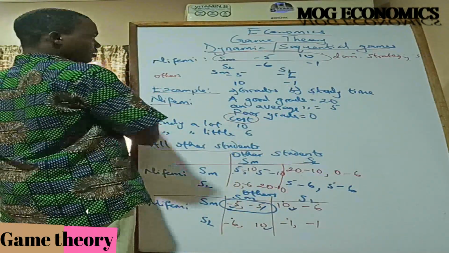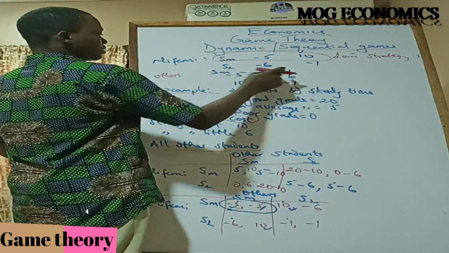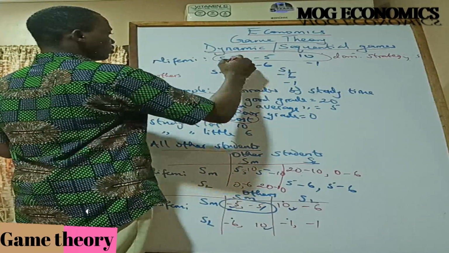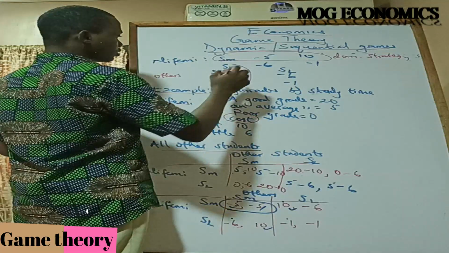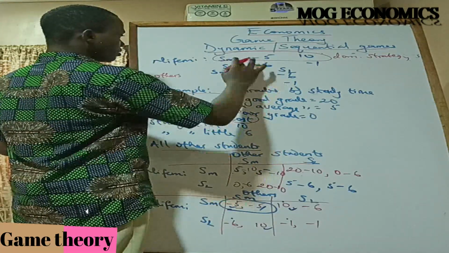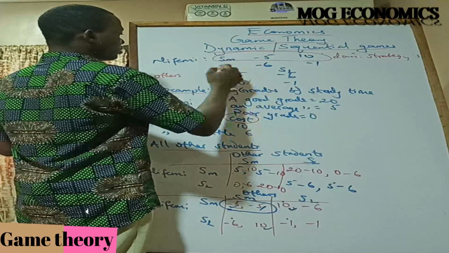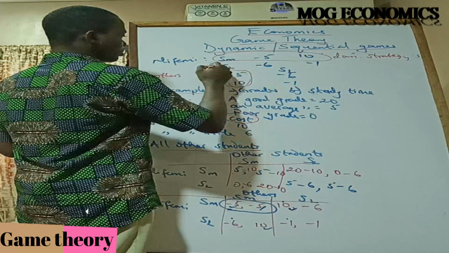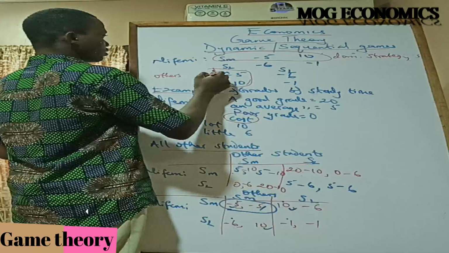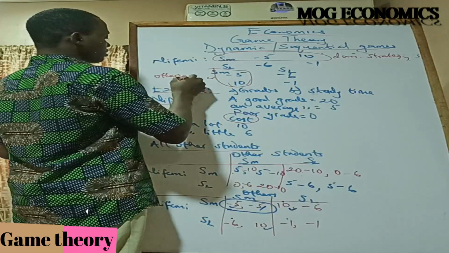If you look at this, it's the same thing. Minus 5 is better than minus 6, 10 is better than minus 1. So their own dominant strategy is to study much as well. So others should study much. This is their dominant strategy.